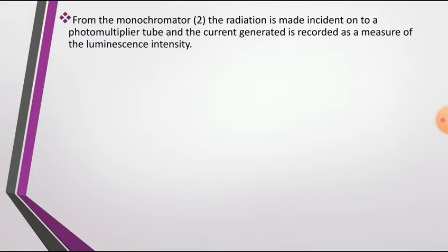From monochromator 2, the radiation is made incident onto a photomultiplier tube, and the current generated is recorded as a measure of the luminescence intensity. That means monochromator 2 absorbs the UV light from the radiation source that is also present along with the phosphorescent beam, and passes only the phosphorescent light coming from the sample molecule.